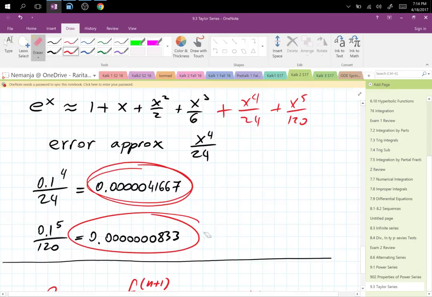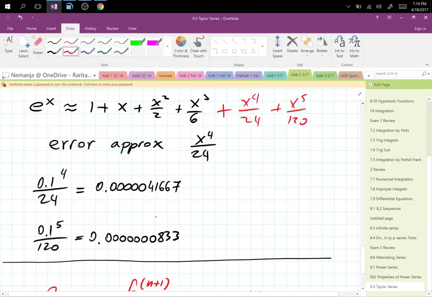So most of the error, if you think about this, 1, 2, 3, 4, 5, this one is still 1,000 times smaller. So if you are calculating error, you just want to compute the next term, and most of the error will be in that next term. In this particular example, the next one was 1,000 times smaller.